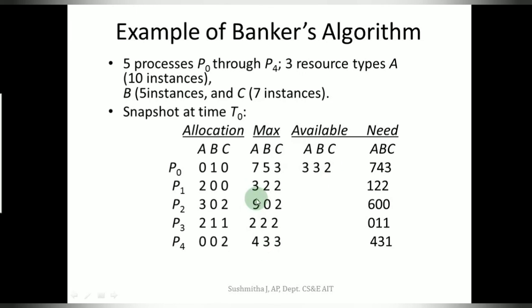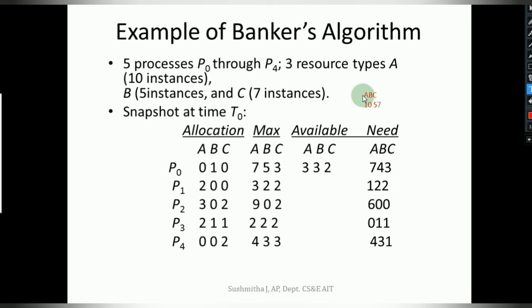So this is it. Now I say the actual number of instances the system has is, there are 10 instances of resource type A, 5 instances of resource type B and 7 instances of resource type C. That is, in the system, A, B, C is 10, 5, 7.